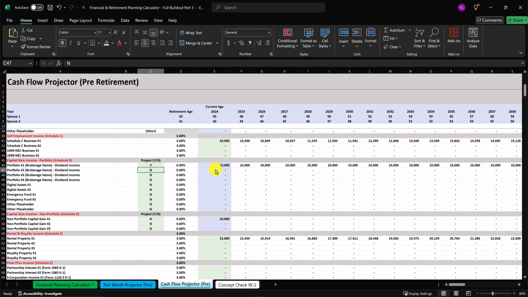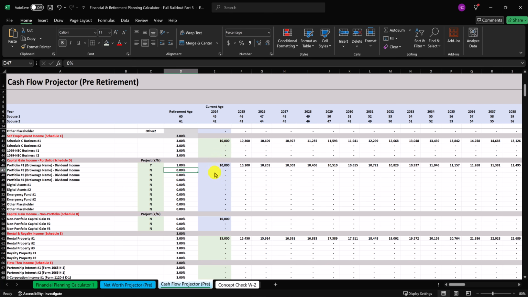So if you want to project an increasing amount starting at 10,000, we could change this to 1%, for example. On the other hand, any of the growth rates can also be included as a negative number. So let's say you think $10,000 is going to be the maximum that I would recognize.